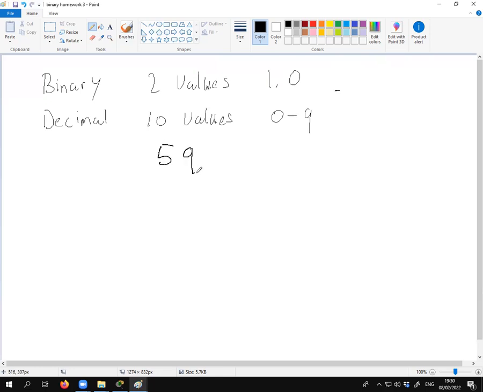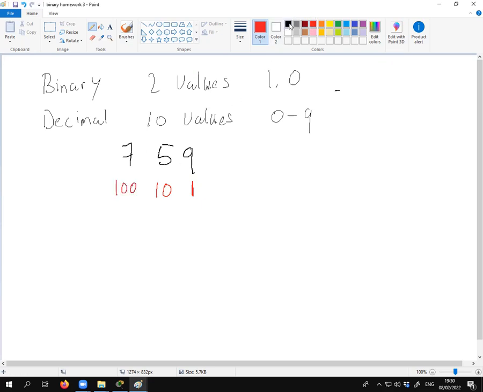Let's break that down. What does this 59 represent? 59 represents 9 units of ones and 5 units of tens. If I add another character, 759, then it would be 7 units of 100.